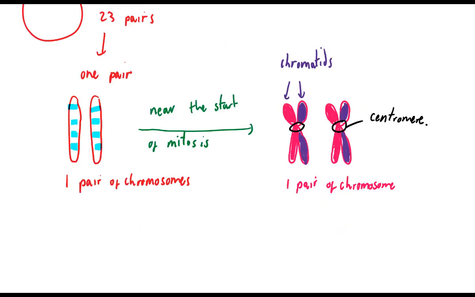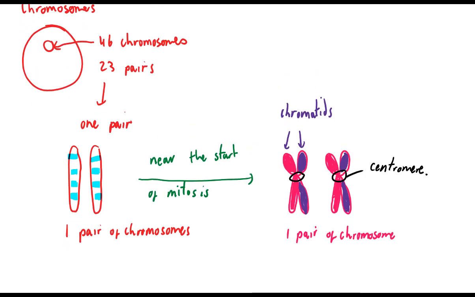Now let's make sure that we're clear on that. So chromosomes are usually all unraveled in the nucleus, but just before mitosis happens, they condense and we can see the pairs of chromosomes, but they have to copy their DNA. So we end up with a pair of chromosomes which has 2 strands on each one, and each strand is known as a chromatid.